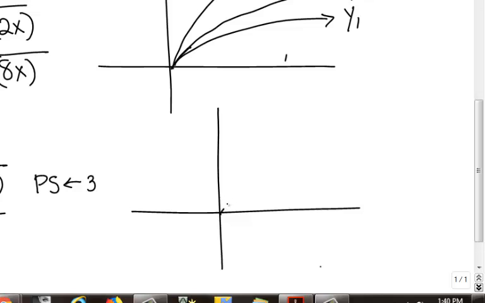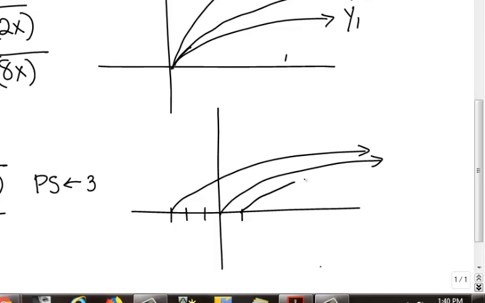So this one is the original. And then this one, the plus 3 actually moved it to the left, right? And this one, the minus 1, moved it to the right. So this is the original, this is the y sub 2, and this is the y sub 3. Okay? So that one's a phase shift to the left 3.